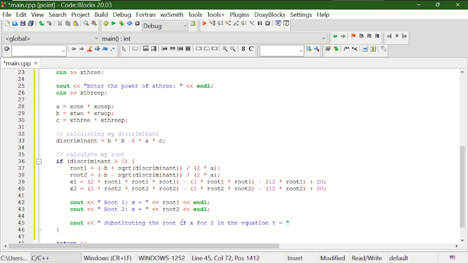So y is equal to what? 2x cubed, right? 2x cubed minus 3x squared minus 12x plus 20. Yes, that was the equation. So we've gotten our x1, right?